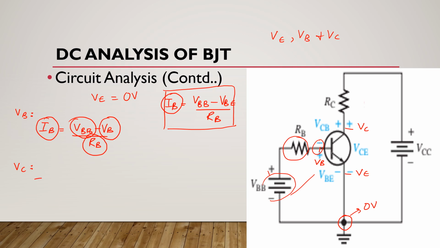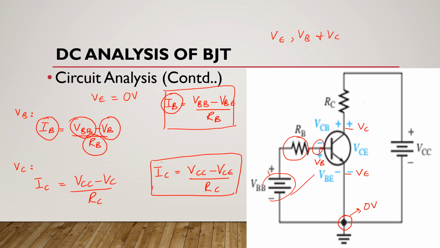For VC, you'll use this formula VCC minus VC divided by RC. And from our previous slide, we know that DC collector current is equal to VCC minus VCE divided by RC. So after finding the value of collector current from this equation, you put this value here. You know the value of VCC and the value of RC. So this is how you will find the nodal voltage of collector, which is VC.